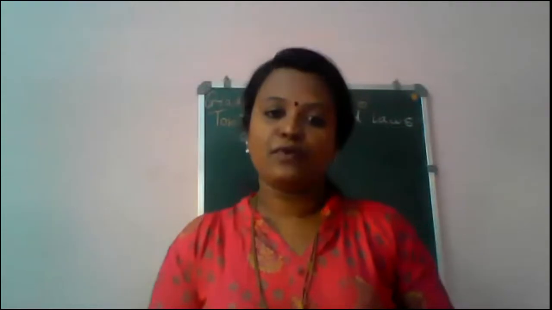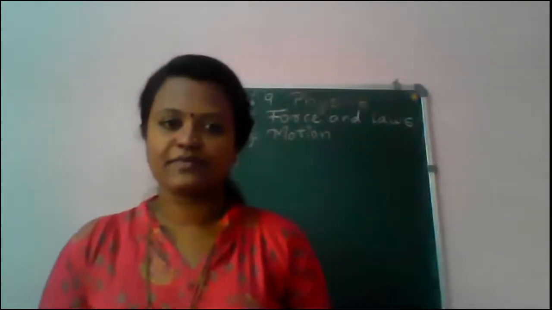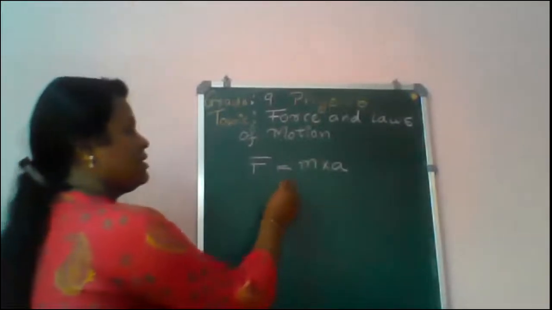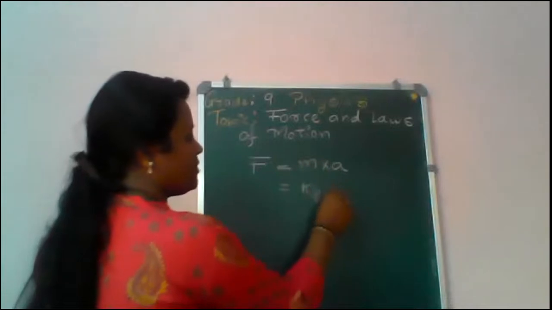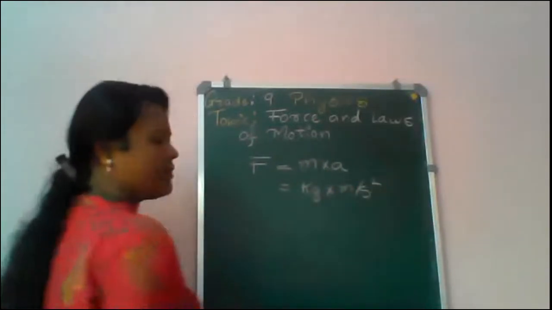That is, force is equal to mass into acceleration. Can you identify what would be the unit for force? So let us derive the unit. So here we have force as kilogram as the unit of mass, acceleration as meter per second square.